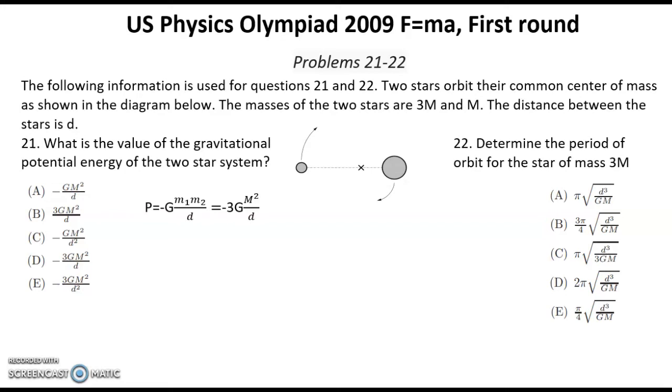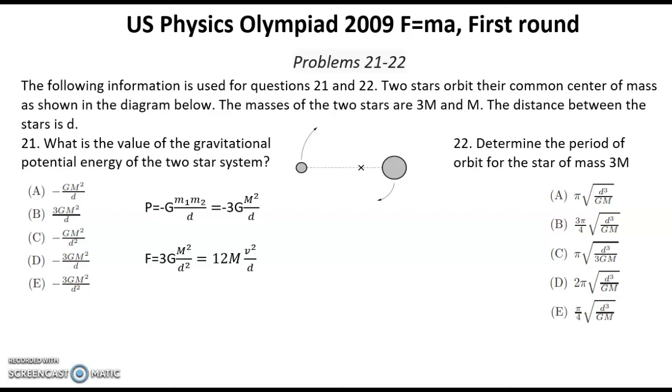Solution. Force of gravity between these two objects equals this expression: 3G multiplied by m squared over d squared.